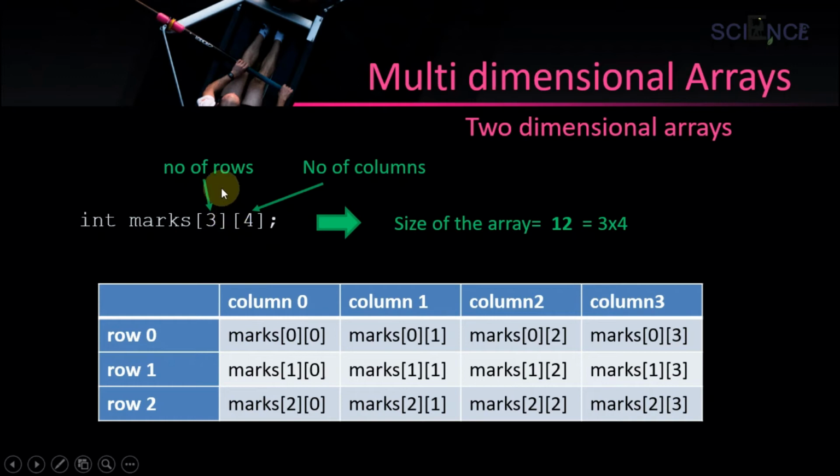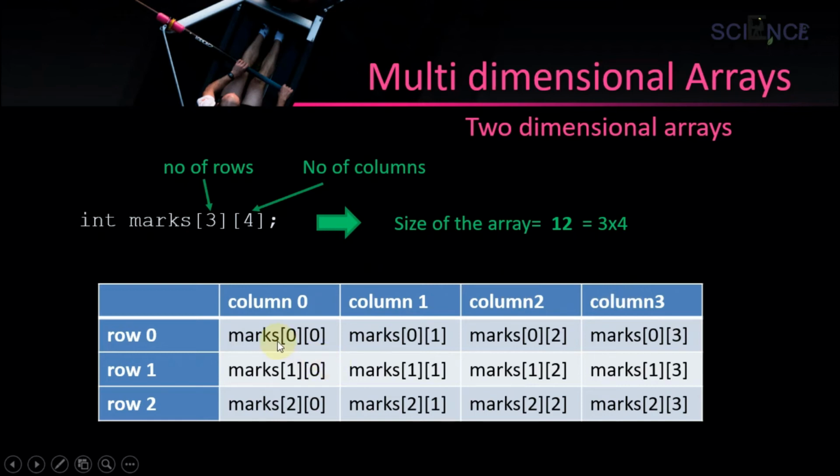If we consider the first one as the number of rows, then the index starts from 0, so it will be row 0, row 1, row 2, right? If we consider this as the number of columns, then it also starts from index 0, so it will look like column 0, column 1, column 2, column 3, likewise.